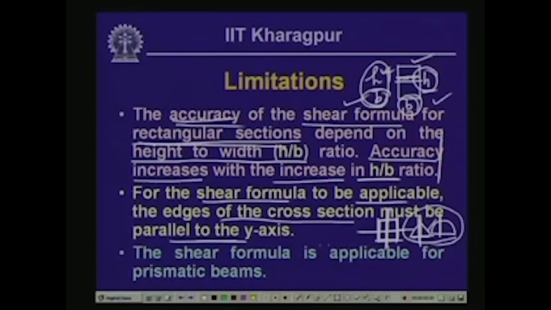Thirdly, the shear formula is applicable for prismatic beams only. That means, if a beam has a taper and is not uniform in its cross section, then you cannot use this shear formula for evaluating the shear stress in the beam. So, these are the main limitations of the shear formula.